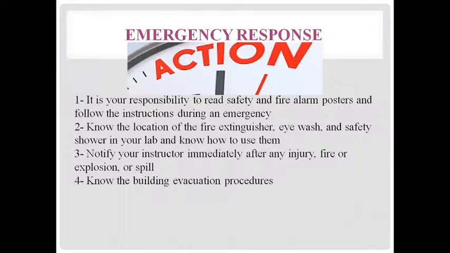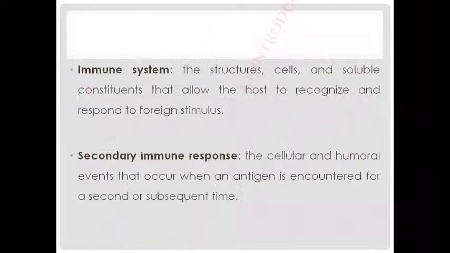There's level 1, level 2, level 3 labs, so each lab has different safety requirements. Notify your instructor immediately after any injury or a fire or explosion or spill. Then lastly, the building evacuation procedures whenever you are working.